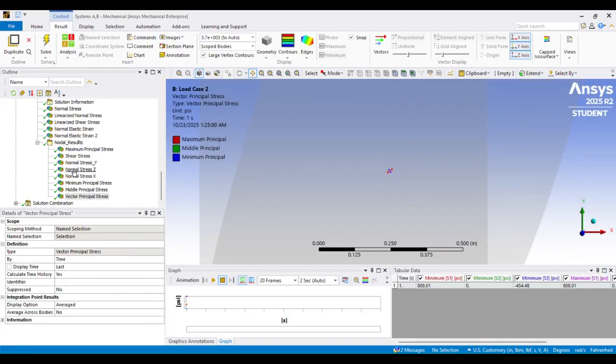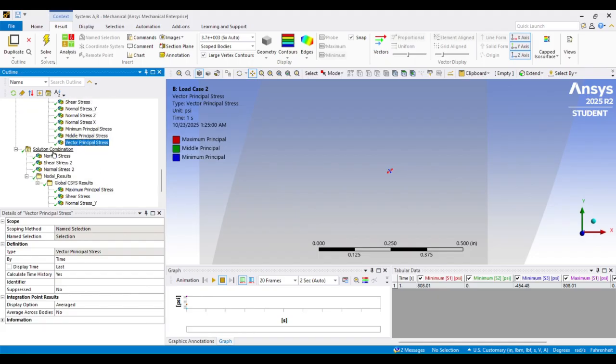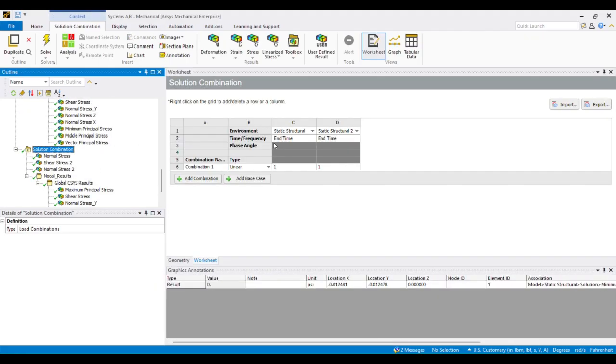And lastly, what I'll show is that you can do a linear combination in ANSYS, where you combine the stress results. This is good if you have different load cases.